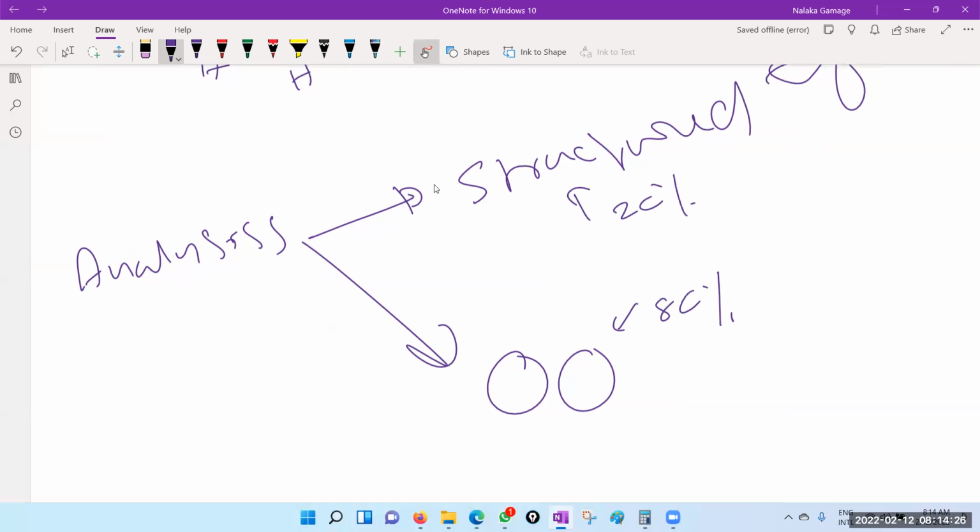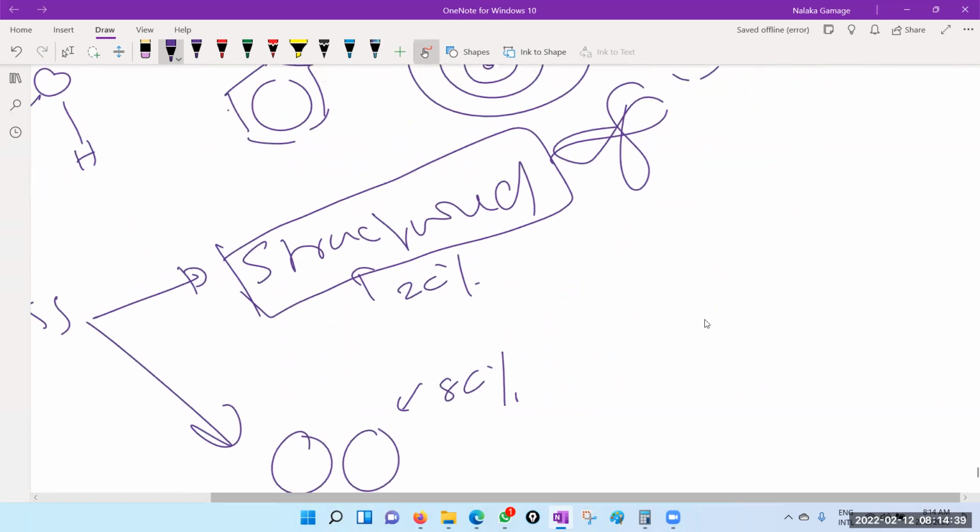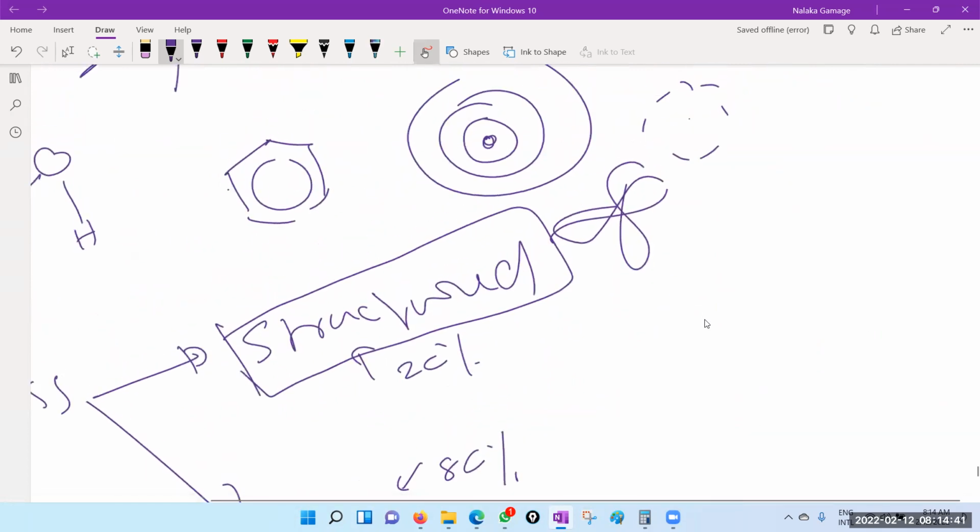So first, let's discuss how we analyze the requirements in a structured way. Remember I told you that earlier you had two subjects: in semester 2, system analysis and design, which was actually structured system analysis and design, and in semester 3, object-oriented system analysis and design.